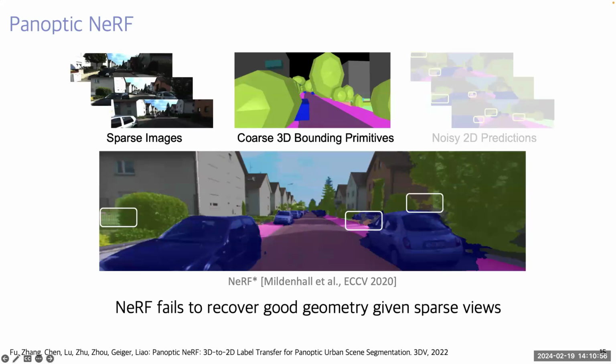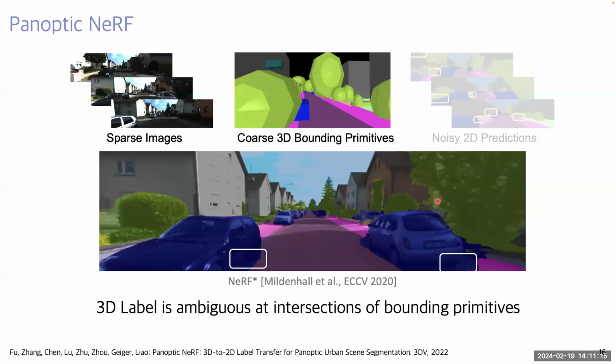For example, in this region, it's labeled as tree because it has some floating points that should not exist. The error in the geometry leads to an error in the rendered semantic label.